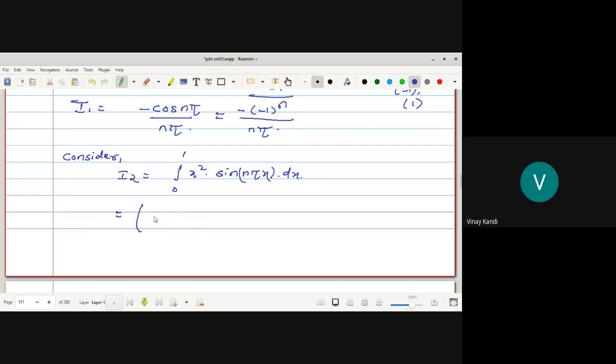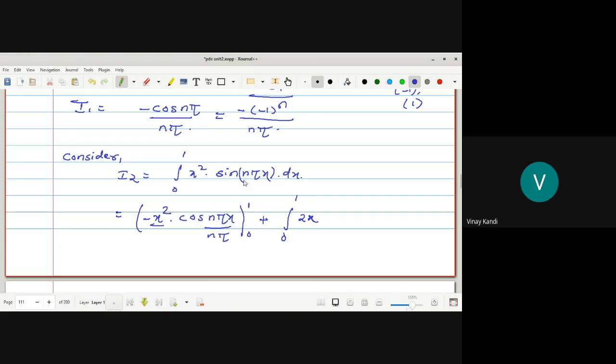Minus, this first term x square as it is. Integration of sin n pi x is minus cos n pi x divided by n pi. Okay, limit 0 to 1 plus integration 0 to 1. Derivative of this one is 2x.